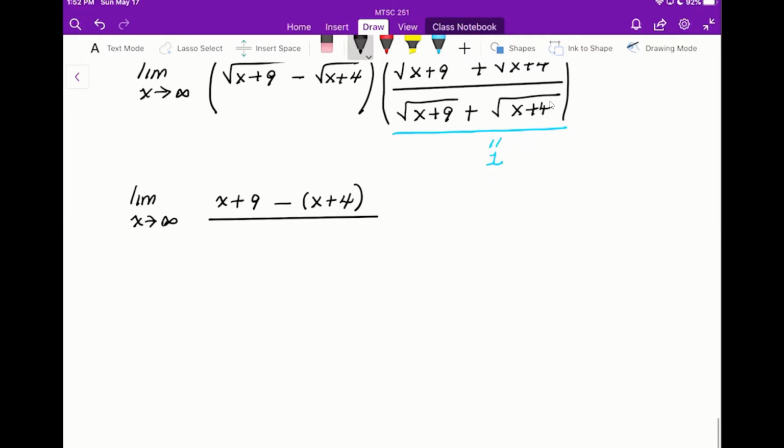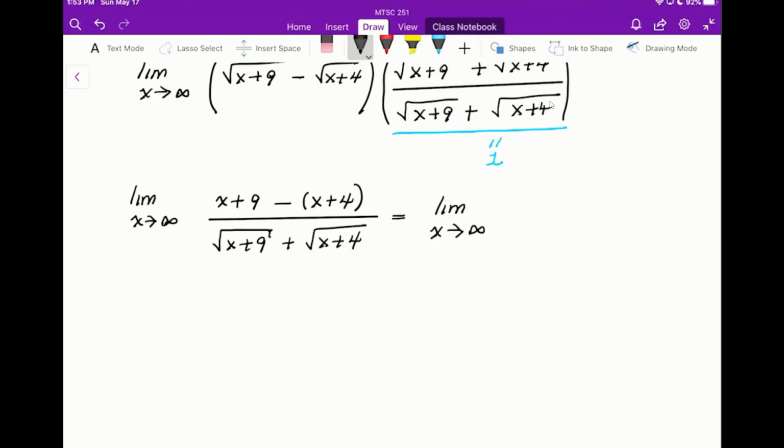And then in the denominator, we're going to get the square root of x plus 9 plus the square root of x plus 4. So now we get the limit as x approaches infinity.